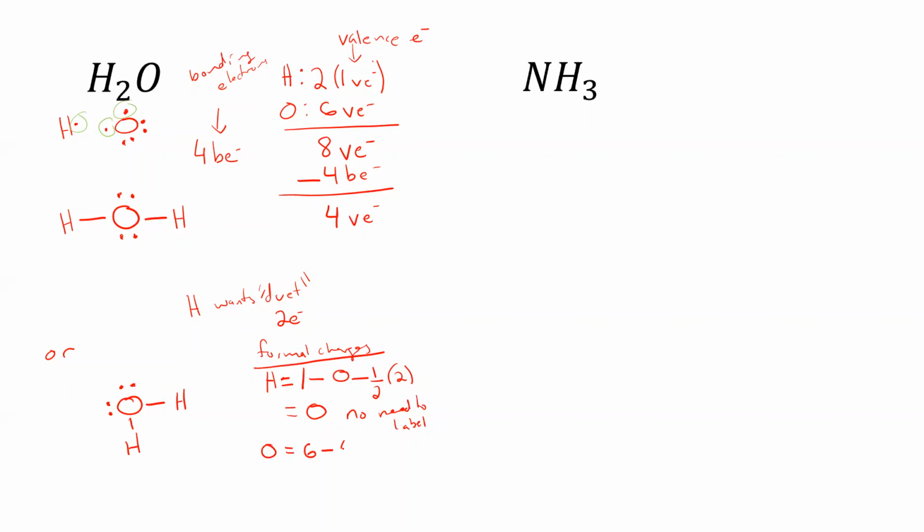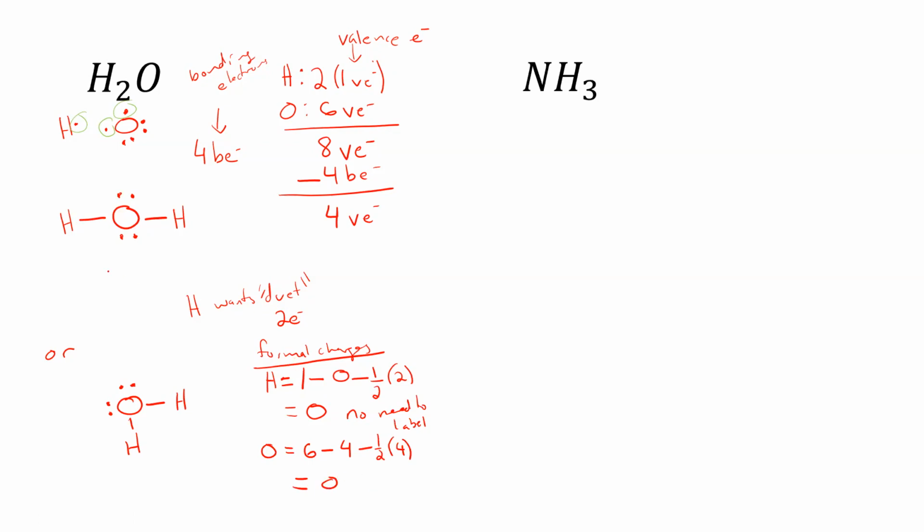So 6 minus 4 minus 1/2 of the total number of bonding or shared electrons. The oxygen is sharing in 2 bonds, a total of 4 electrons, so minus 1/2 of 4. Do the math: 6 minus 4 minus 1/2 of 4 is 0 also.